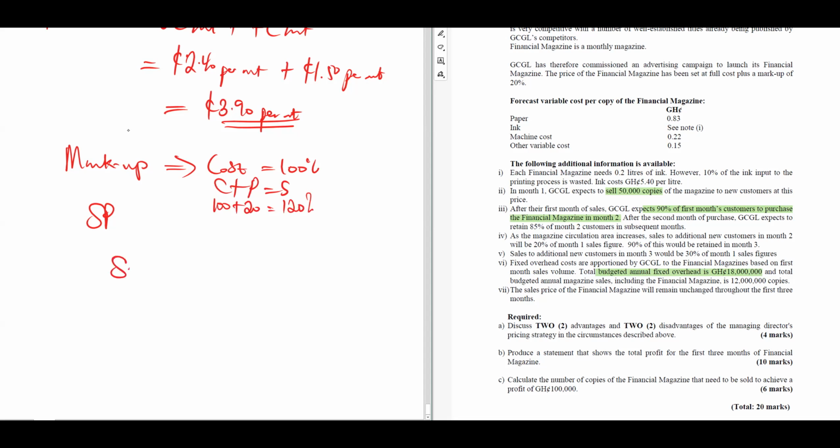So our selling price becomes 120 out of 100 times 3.9. That means the selling price of each magazine is going to be 4.68 pesos. So that is the selling price of the magazine at full cost plus a markup of 20%.